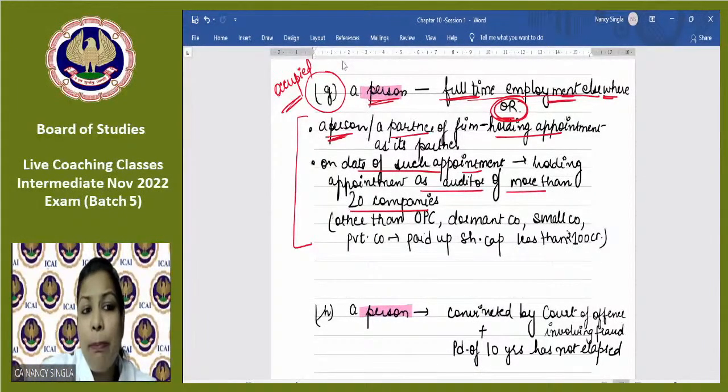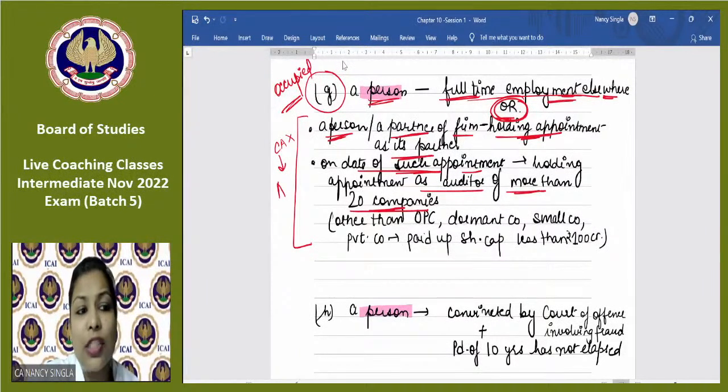A person or a partner of the firm is holding appointment as its partner on the date of such appointment in more than 20 companies. That is, we have to see whether CA X can be appointed as auditor of A Limited as on a particular date.